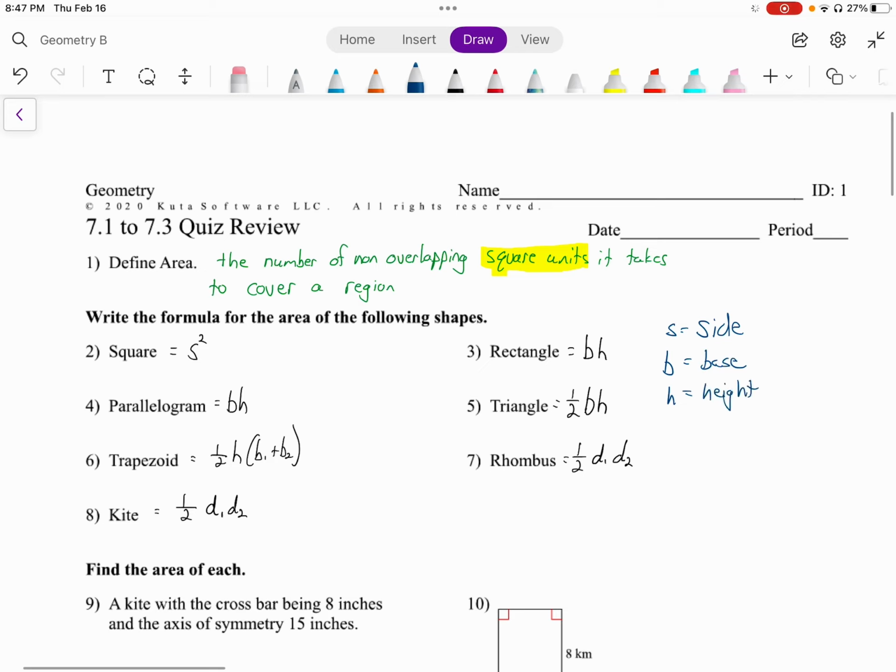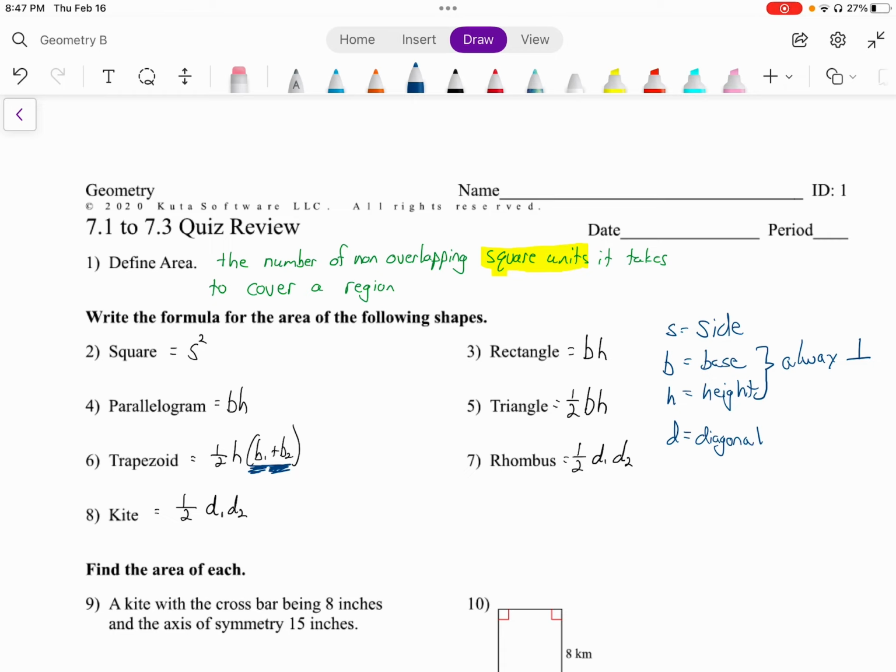Please remember that base and height are always perpendicular to each other. Here it talks about B sub 1 and B sub 2. The trapezoid has two bases, and then D stands for diagonal. And so you have your several formulas there that we learned in these sections.